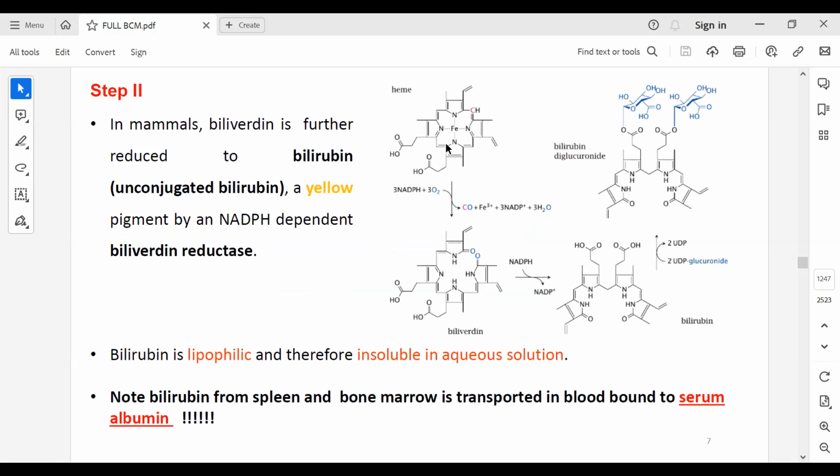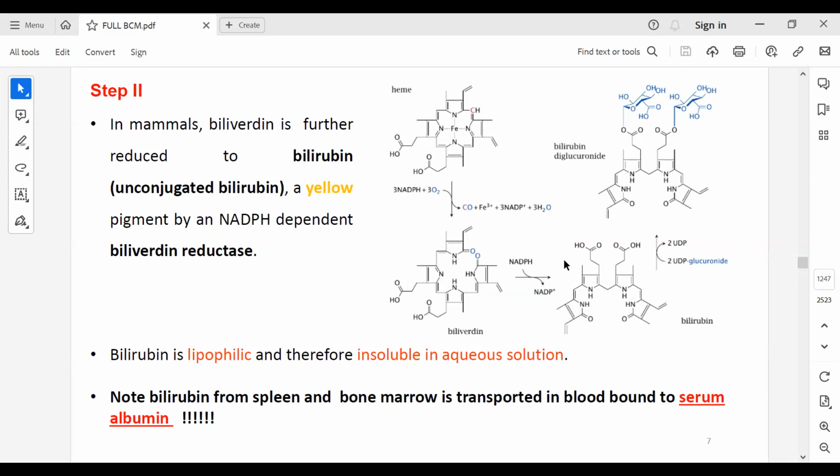For biliverdin to be converted now to bilirubin, which is now yellow in color, it is done using biliverdin reductase. So here the first process was oxidizing, but now we're reducing it.